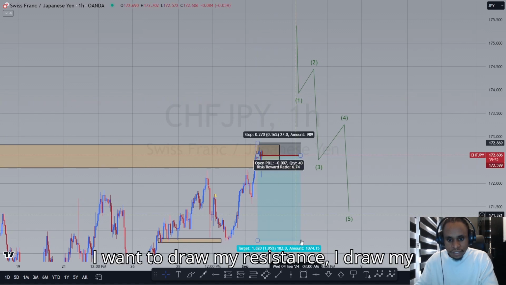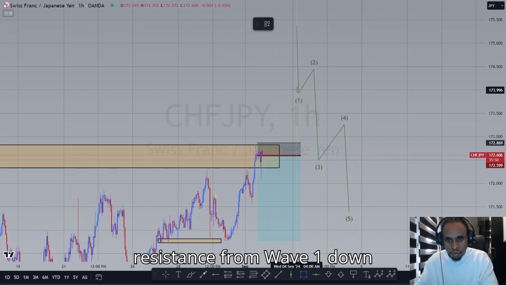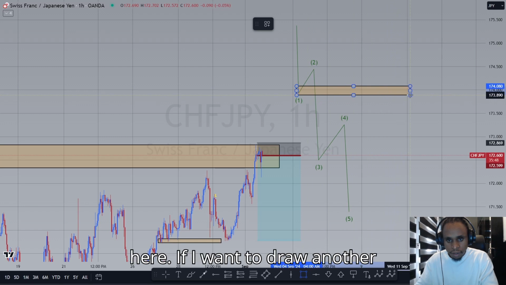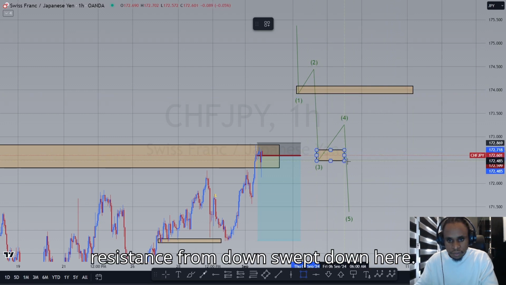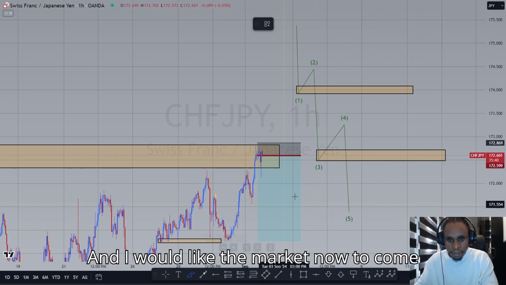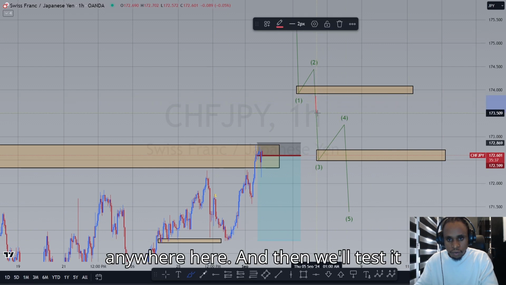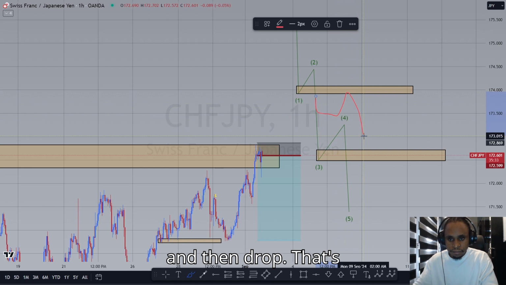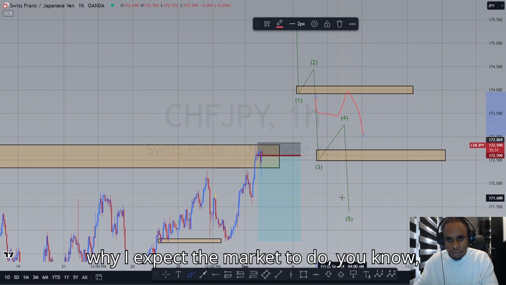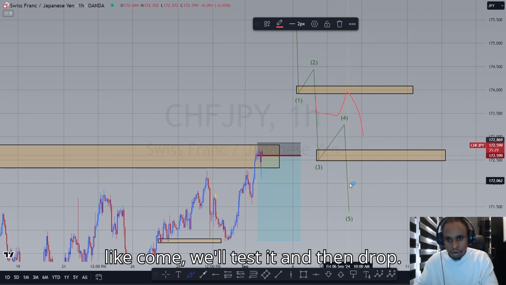If I want to draw my resistance, I draw it from wave one down here. If I want to draw another resistance, I'll draw it straight down here. And I would like the market now to come anywhere here, retest it and then drop. That's what I expect the market to do.